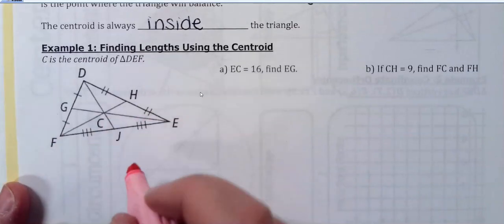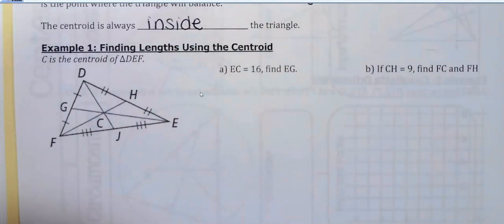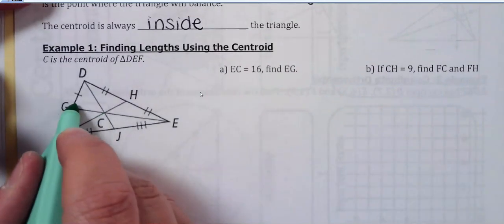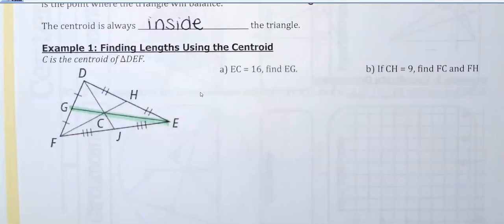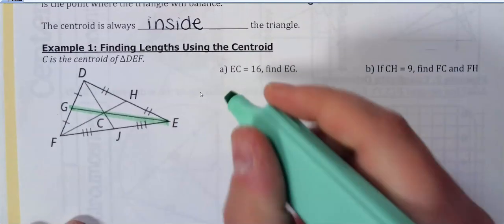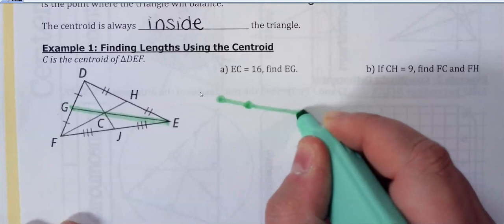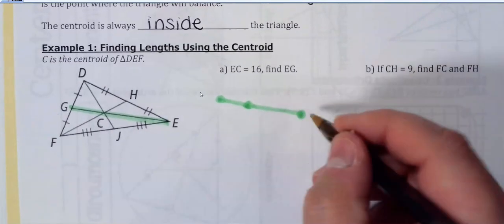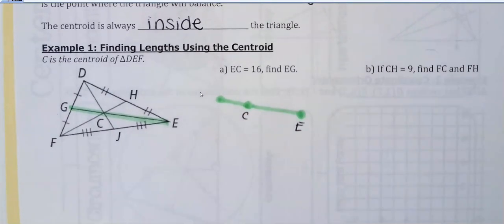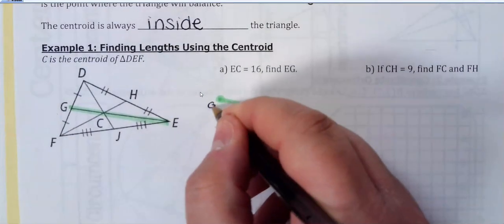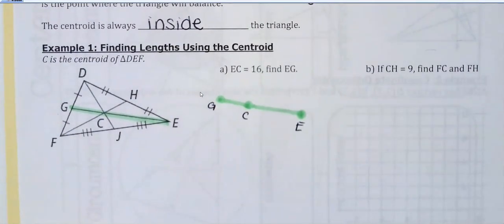And it tells me EC here. So I'm just going to highlight the median that involves EC. All right, and then I just take these out of the picture a little bit so I can redraw them. So E to C is the longer part there, and then G is the midpoint of the opposite side. C would be the centroid.